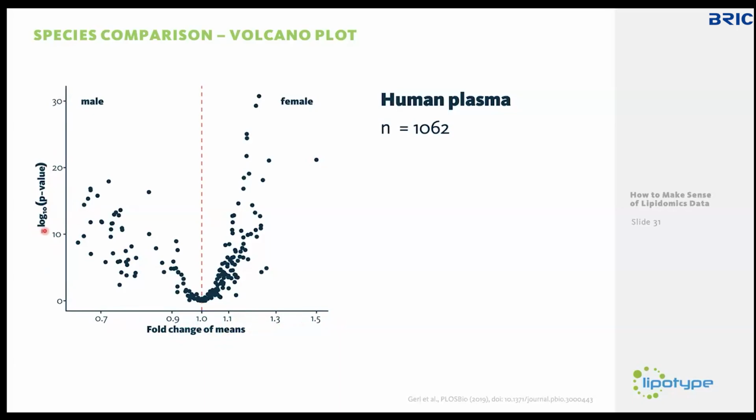This is usually plotted as the negative decadic logarithm of the p-value, simply meaning that if something is 10 to the power of minus 30, it ends up back here rather than down there. So the more significant is up, and the more important the change is to the right or to the left. So this is all your lipids here in that plot.